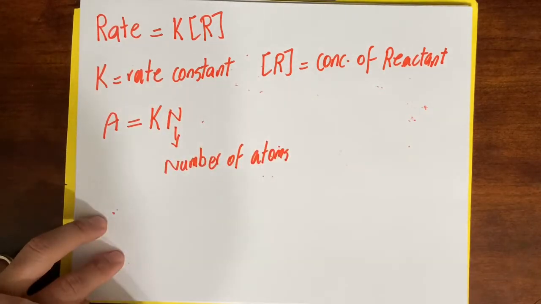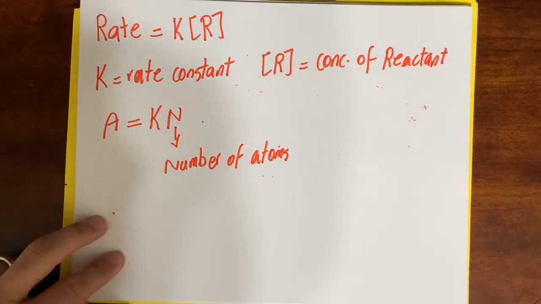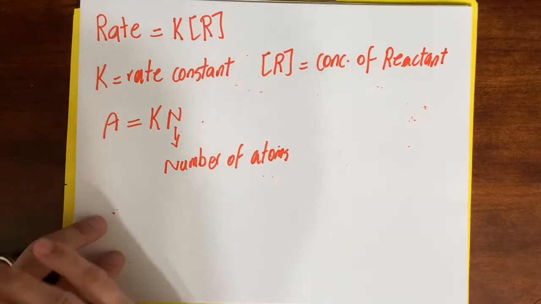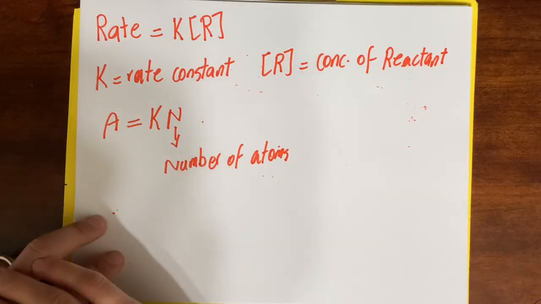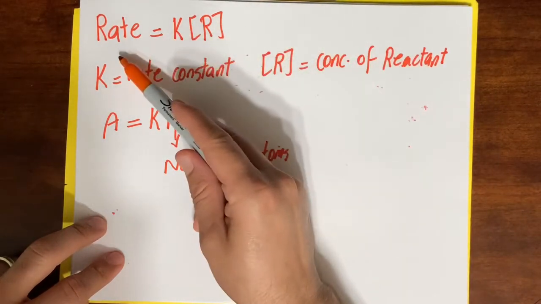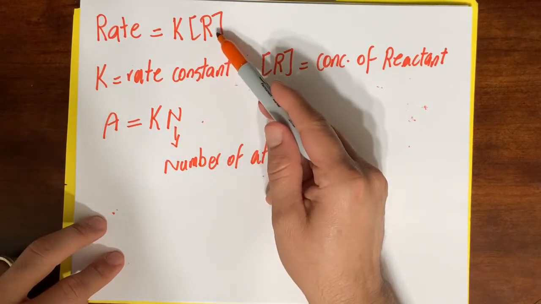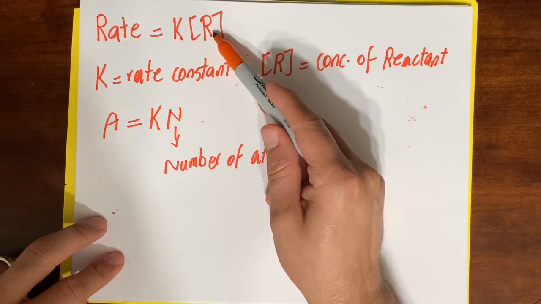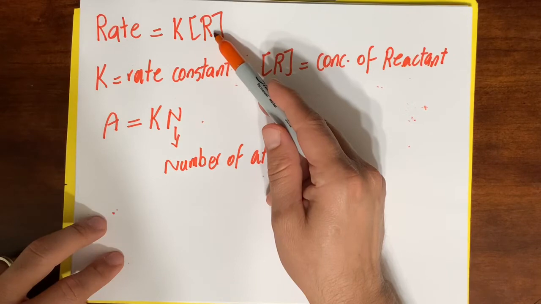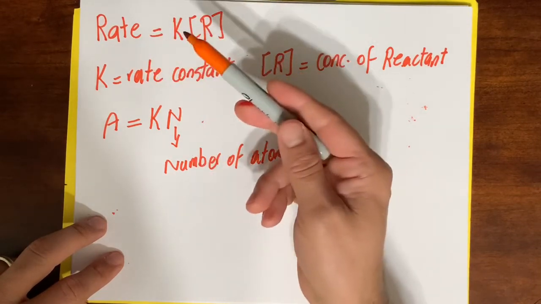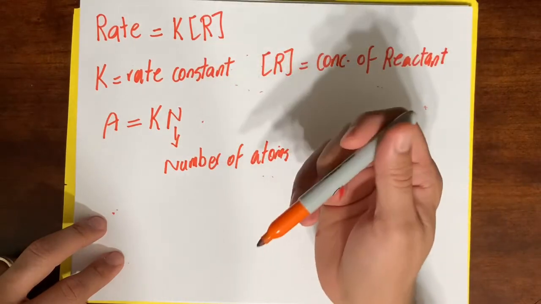Okay. This is a first order reaction. First order reaction, and the rate of the reaction is directly subject to the concentration of the reactant. If you double the concentration of the reactant, the rate will be 2 times faster because it's a first order.